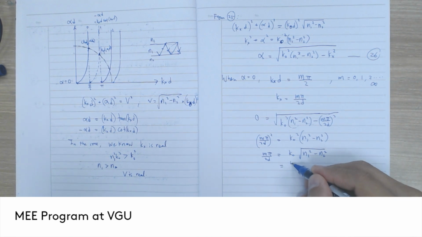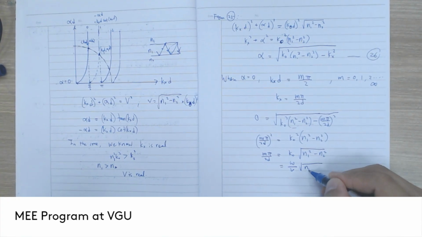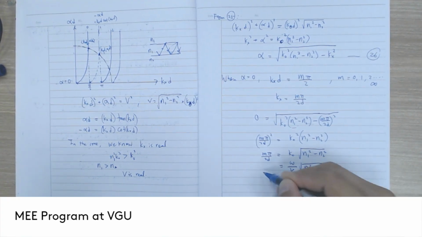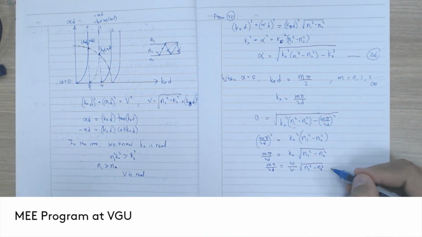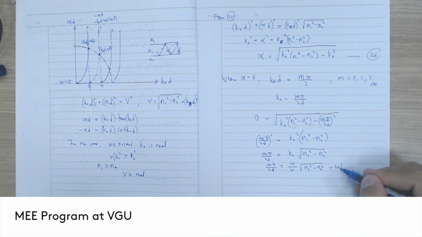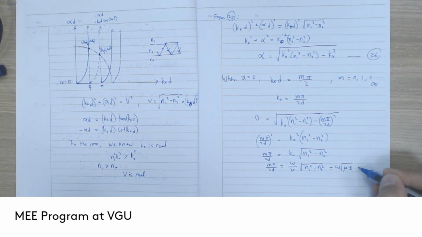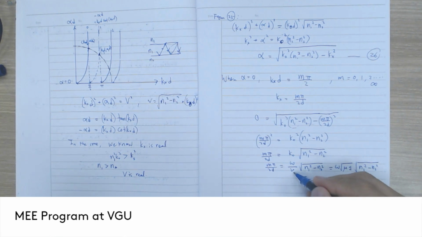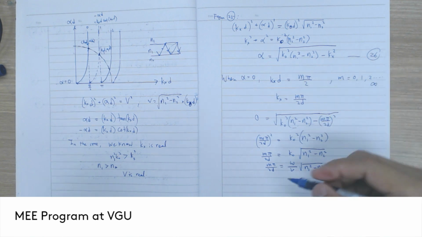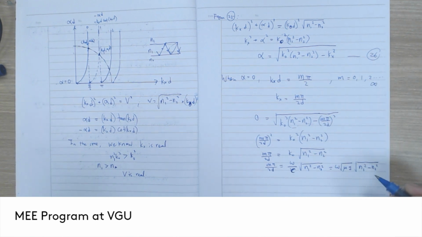The frequency here is v, and omega, and remember this v is the velocity c, because this is k naught, so this is c, precisely, so we can say this.